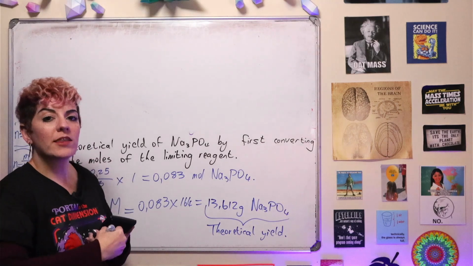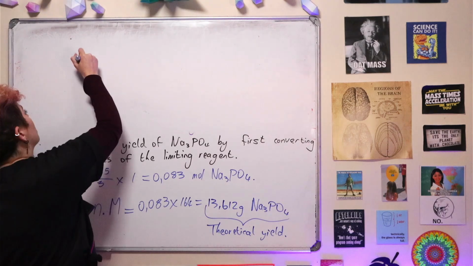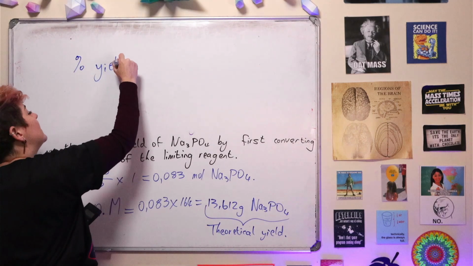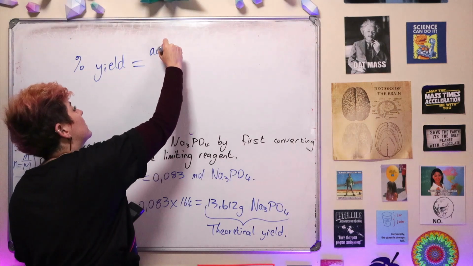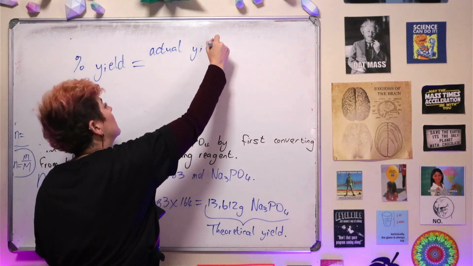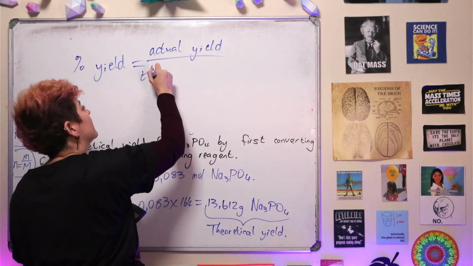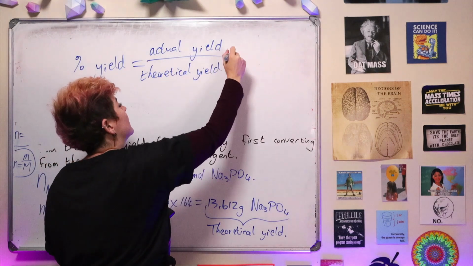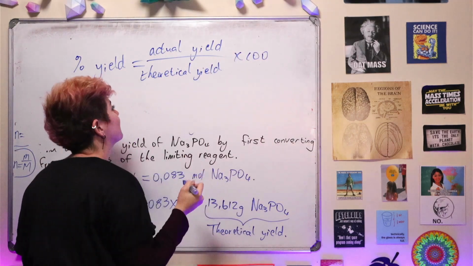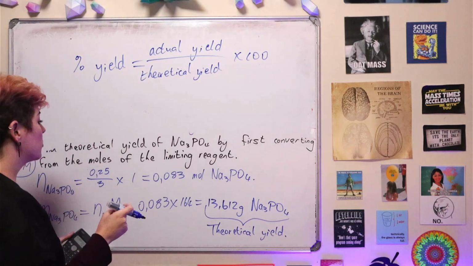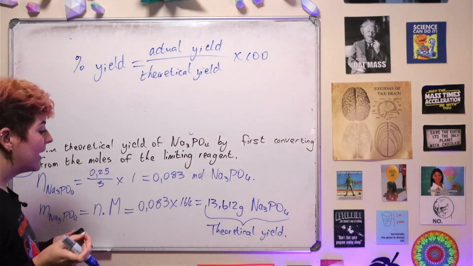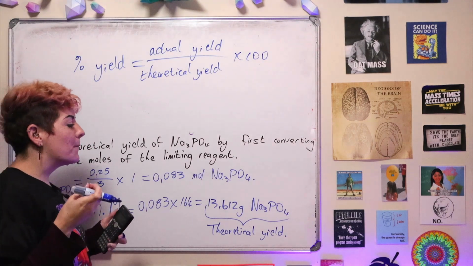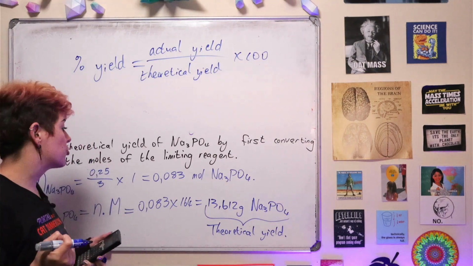So you must write the formula for percentage yield. Percentage yield, as we have seen, is equal to actual yield over theoretical yield times by 100. Now, I've made sure that both my theoretical yield and my actual yield are masses in the same unit of grams.